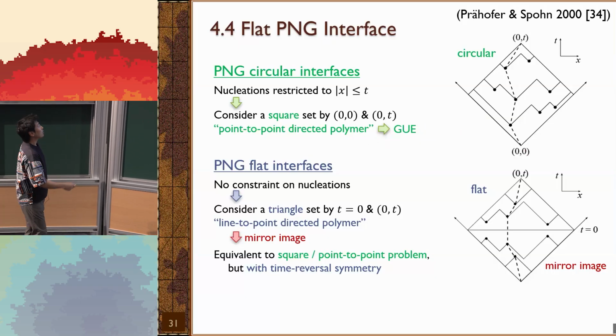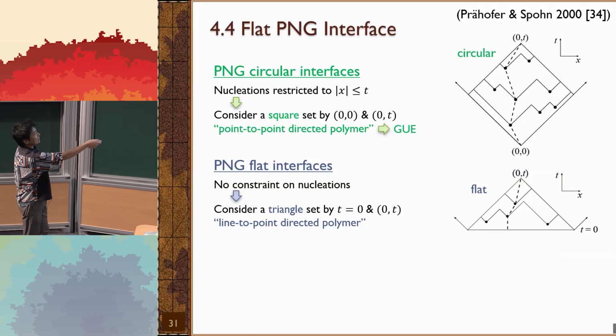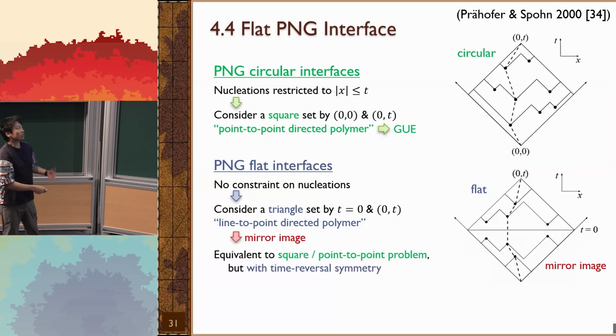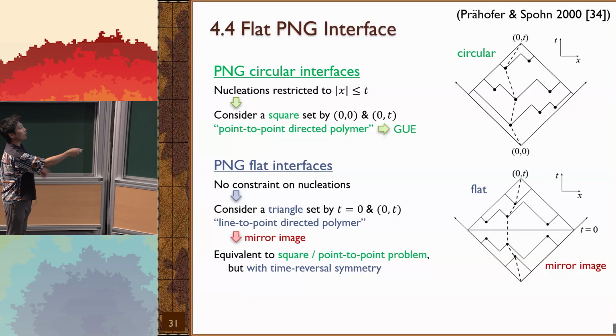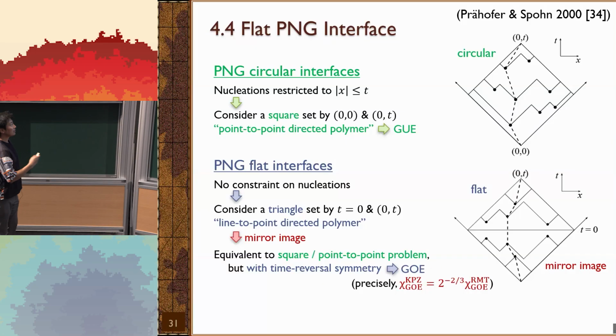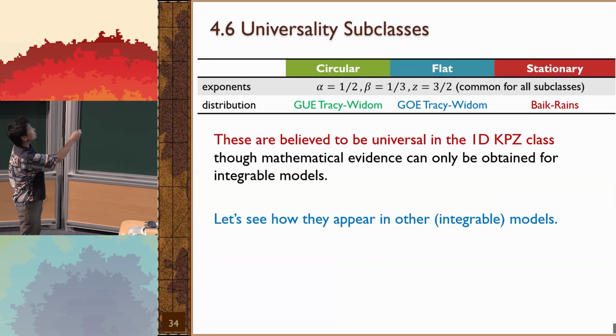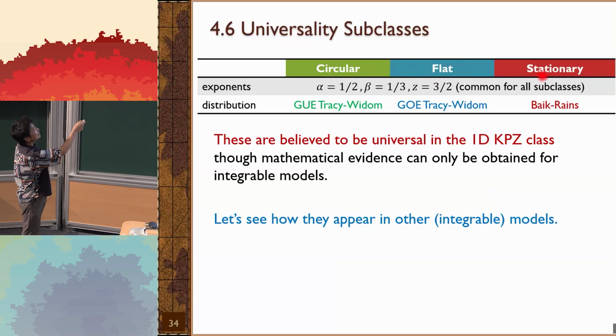In contrast, if we considered flat interfaces, then the problem was actually a line to point directed polymer problem. And then we considered the mirror image, and because of the different symmetry, we get GOE Tracy-Widom distribution for the flat case. Then in the end of yesterday's lecture, I showed you this table. So there are three main universality subclasses: circular, flat, stationary.